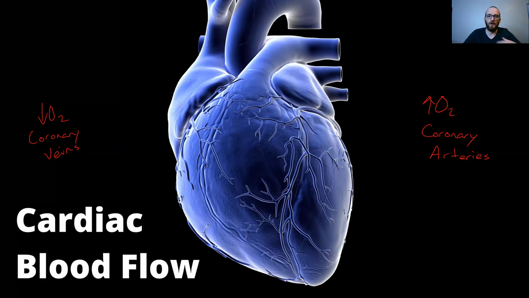So as soon as the left ventricle pumps blood into the aorta, as soon as that blood leaves the left ventricle and enters the aorta, there are immediately offshoots that become these coronary arteries. And there's another one that's back here behind this pulmonary artery.